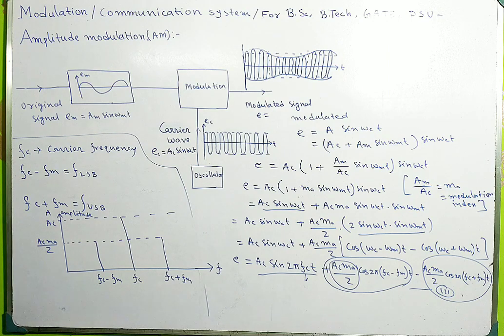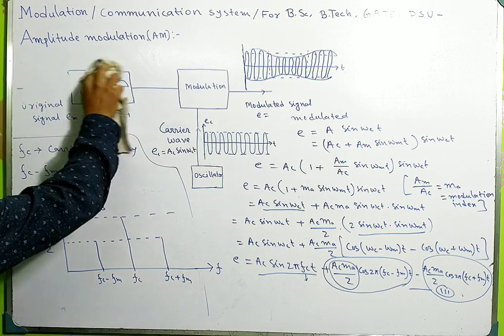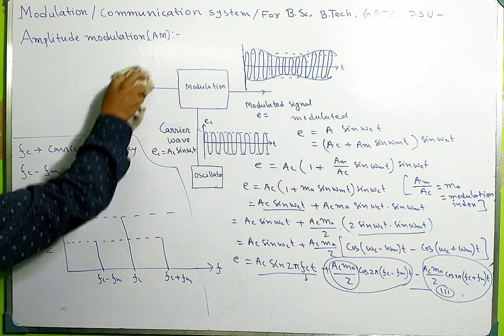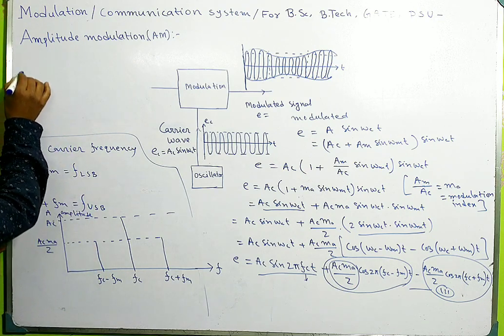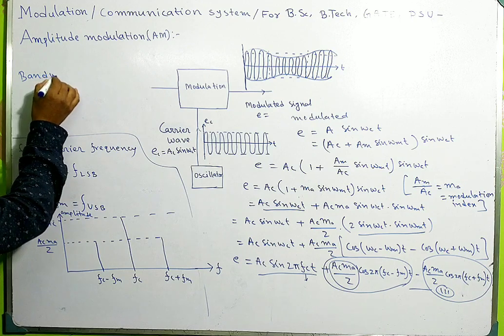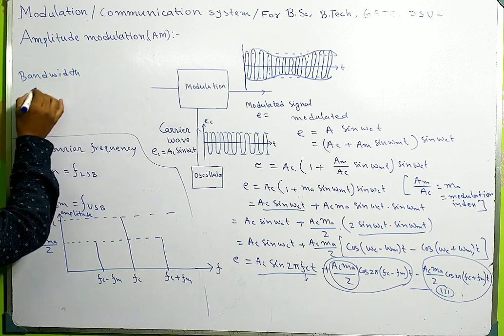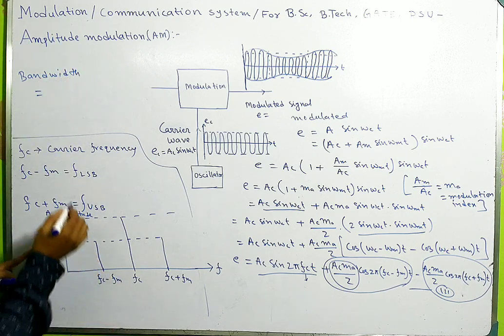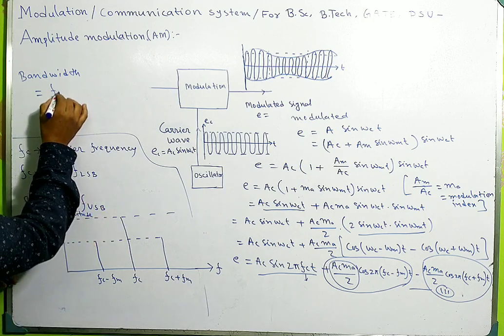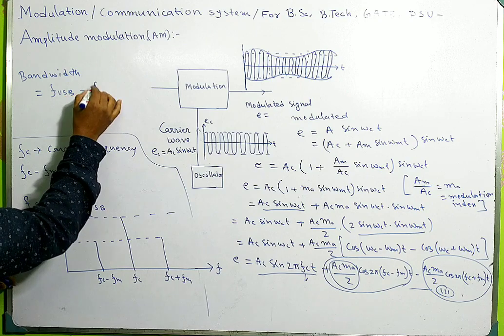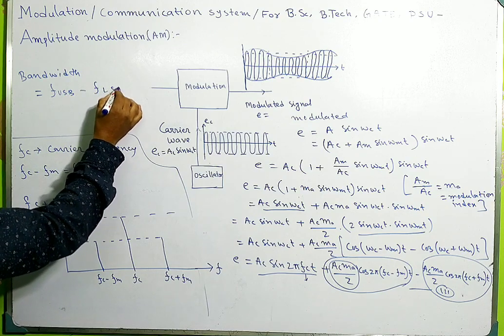Now we should know what the bandwidth is. Bandwidth is given by the upper sideband frequency minus the lower sideband frequency.